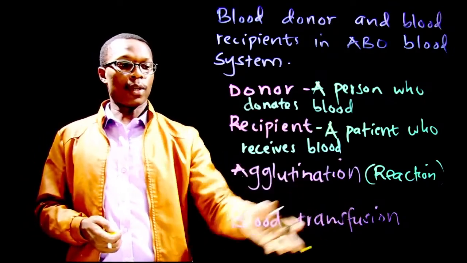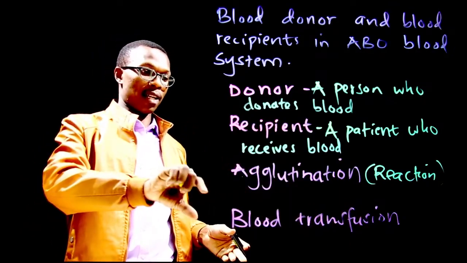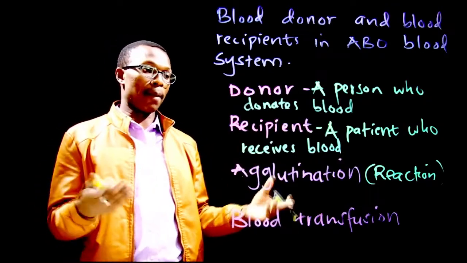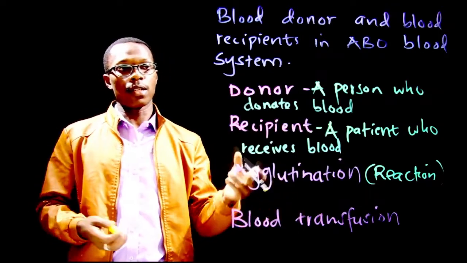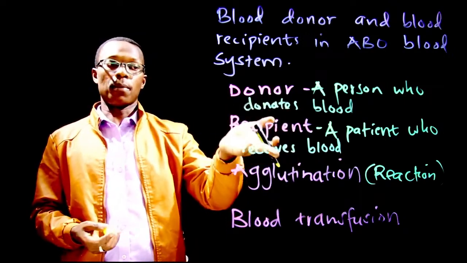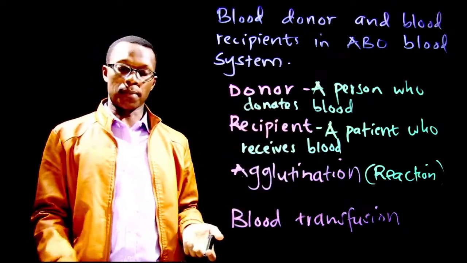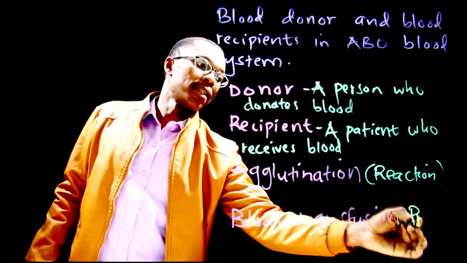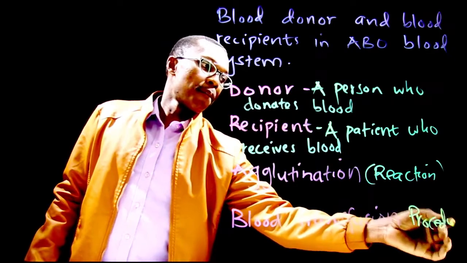And the last one is something I've already said, blood transfusion. Blood transfusion is normally a procedure in which a recipient receives blood from their blood donor. Is that okay?